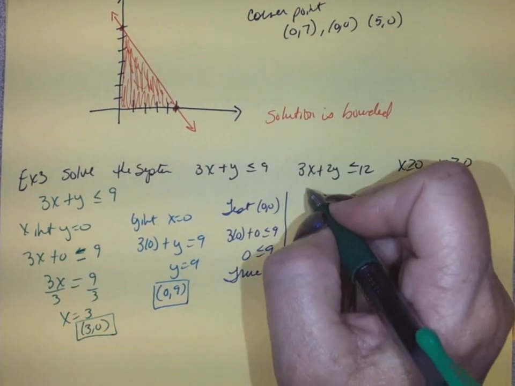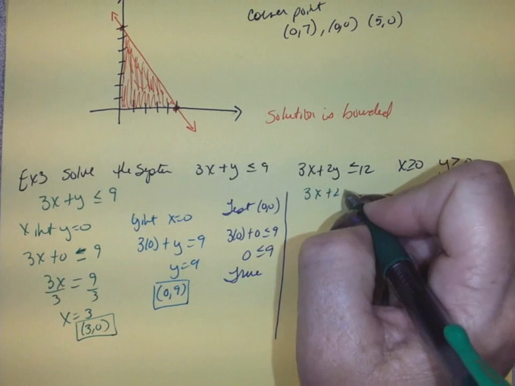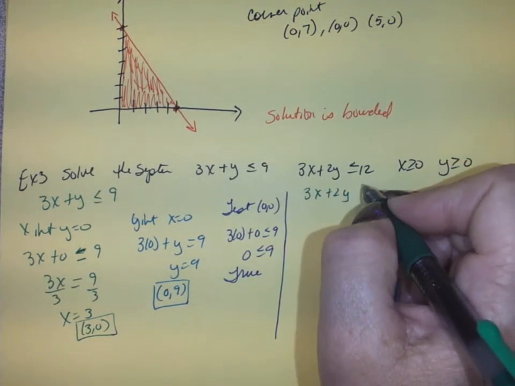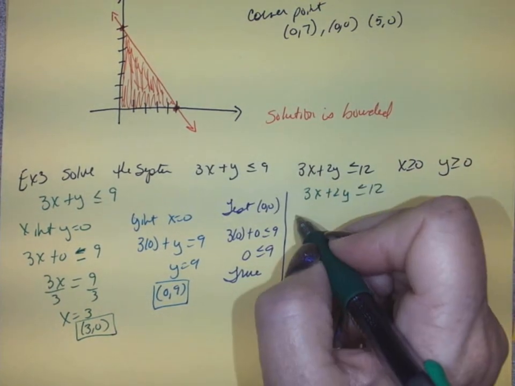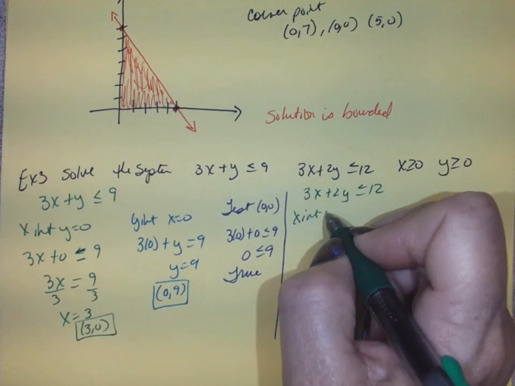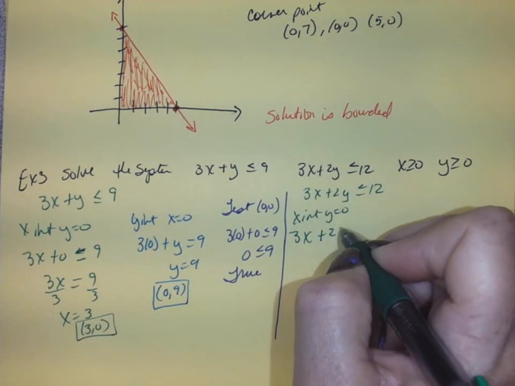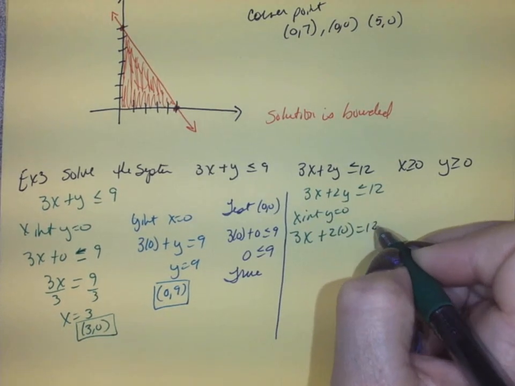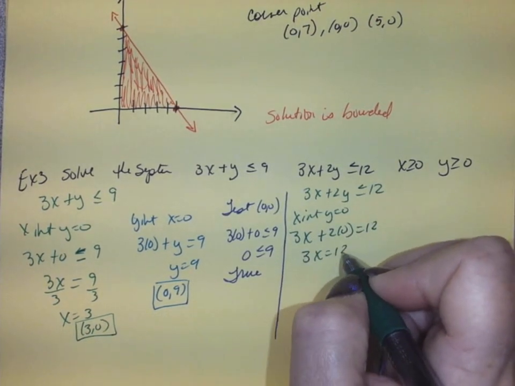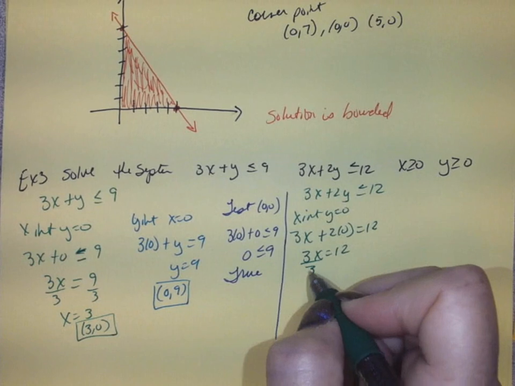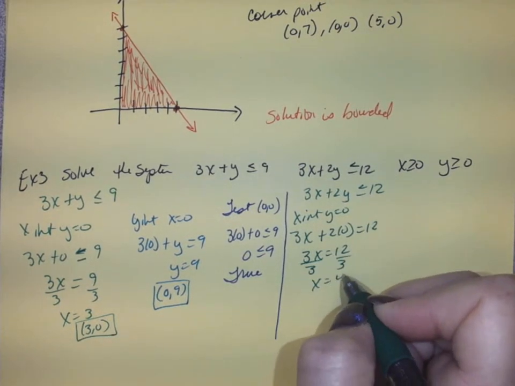So the next equation will be 3x plus 2y less than or equal to 12. So x-intercept, y equals 0. So 3x plus 2 times 0 equal to 12. 3x equals 12. X equals 4.